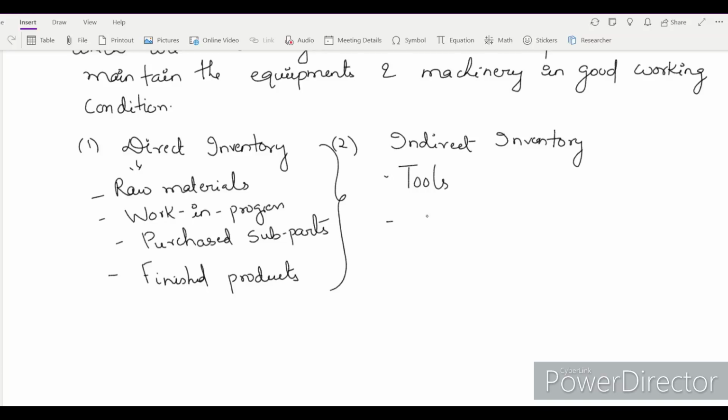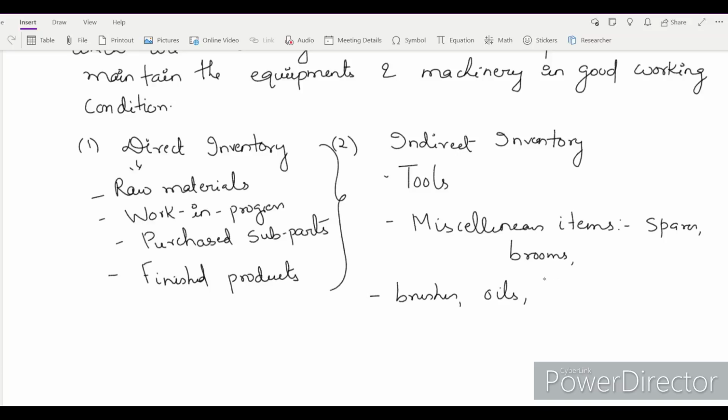These may be termed miscellaneous items and consumables, like your spares, brooms, cotton, gums, adhesives, oil, greases, candles, light, some waxes, letterheads, envelopes. All these things come under your indirect inventory. Like brushes, lubricating oils, then your office supplies.